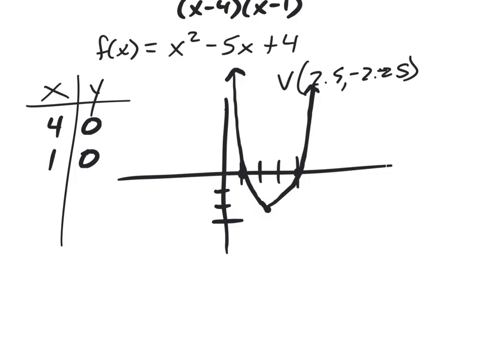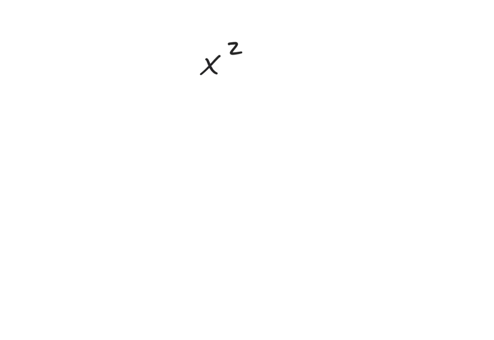Okay, remember that not all parabolas will touch the x-axis, and sometimes they don't have to cross. If I gave you an equation like this. Let's first of all think about what the factoring would look like here.